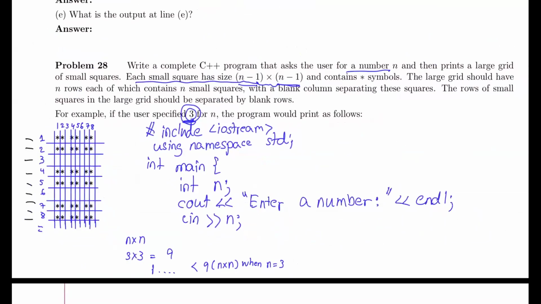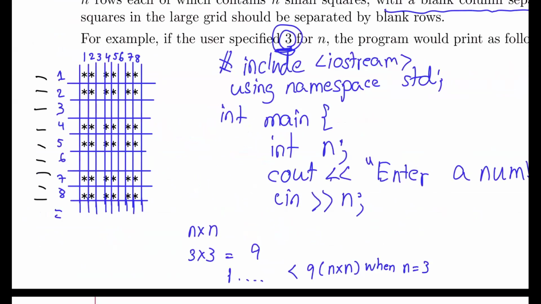So in the question, would a blank column separate the squares? Let me draw this. So this is one square. Each square you need to separate with a space. But there is nothing here, there's no more square here, so you don't need to put a space.